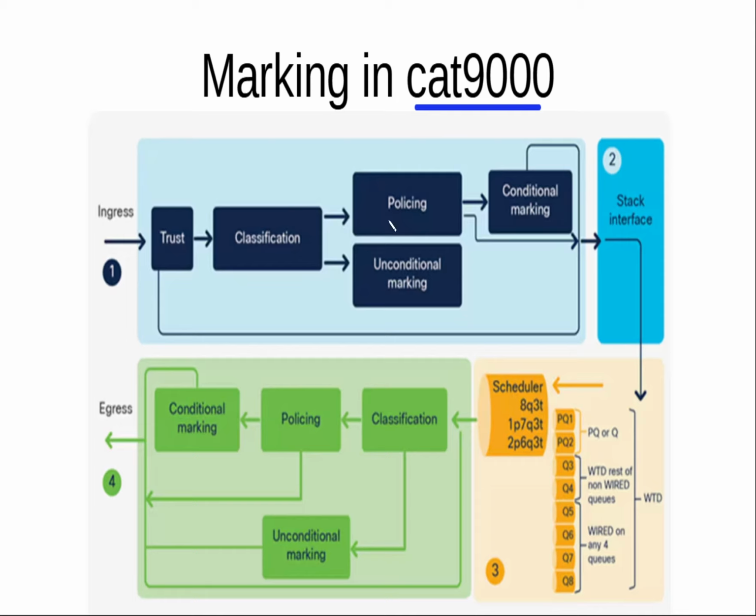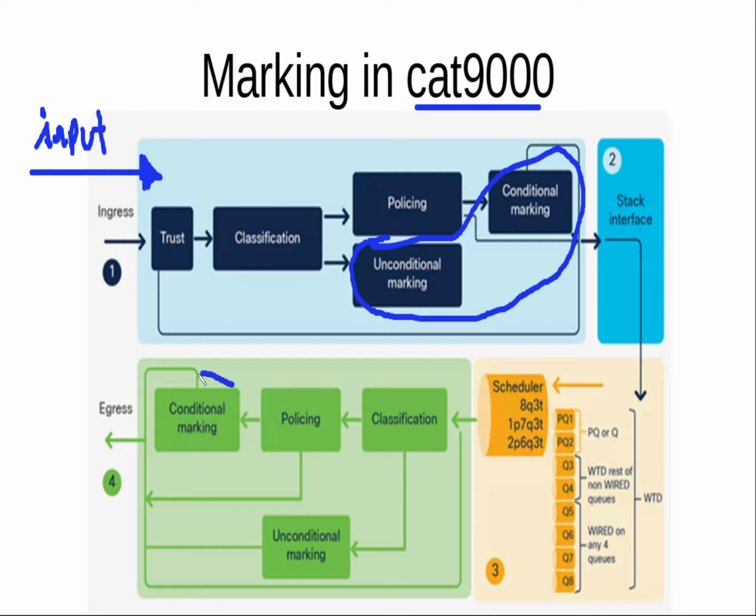We can see that we can use marking in the ingress direction. That means that we can apply marking commands to policy maps that are applied in the input direction. This diagram also is telling us that we can use marking commands included in policy maps that are applied in the output direction.